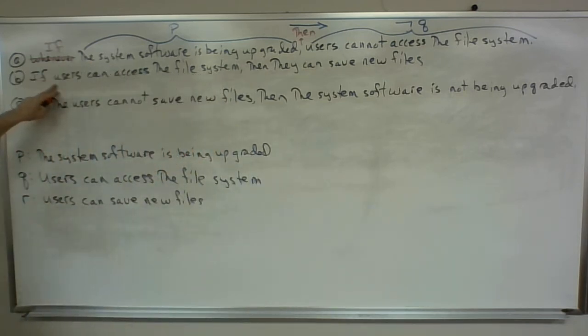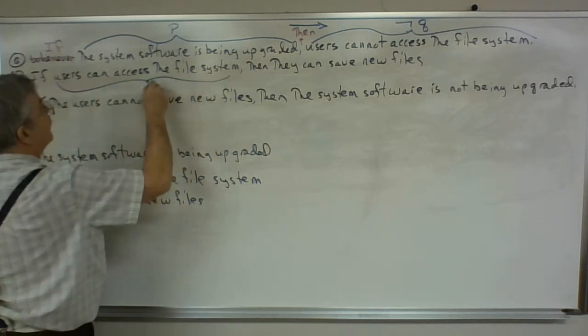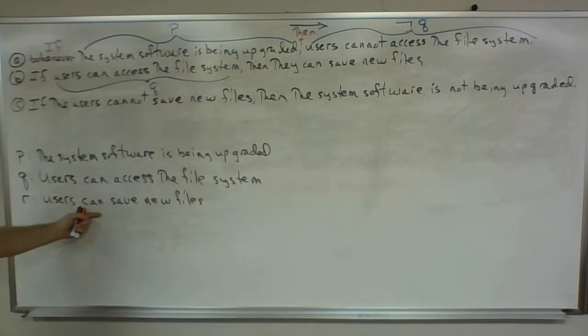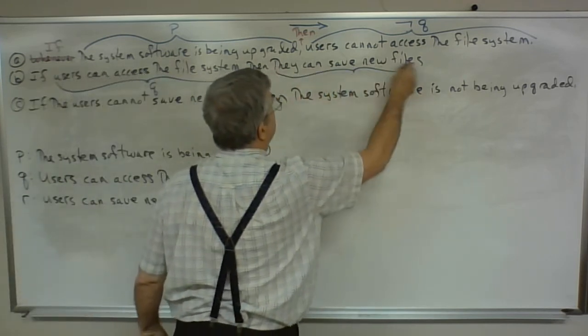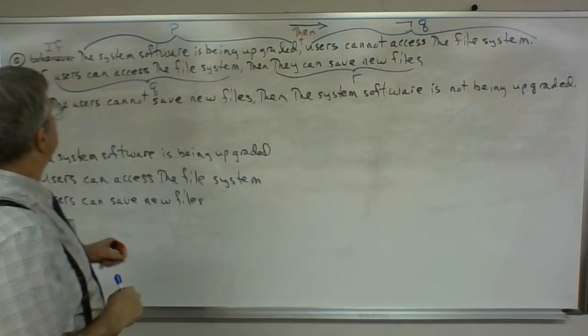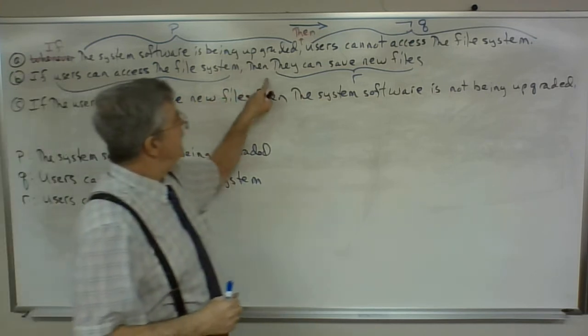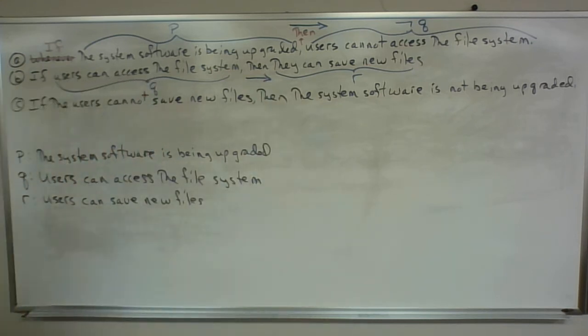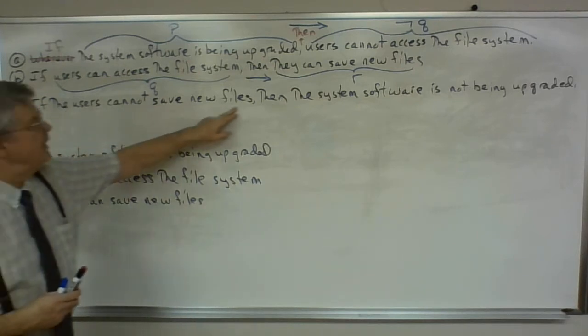Okay, let's look at this one. It's another if-then. Users can access the file system, that's Q. And they can save new files, that's R. So I have if Q, then R. And let's look at the last one. The users cannot save new files.